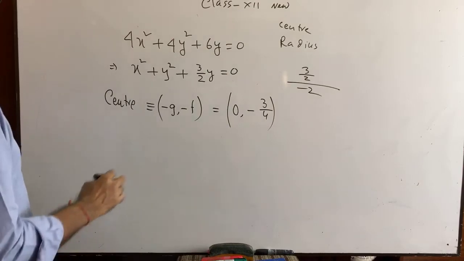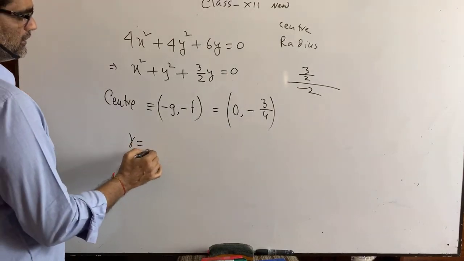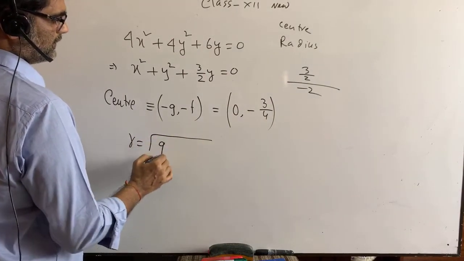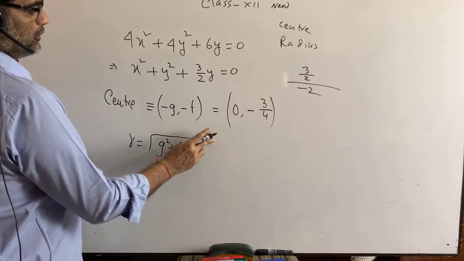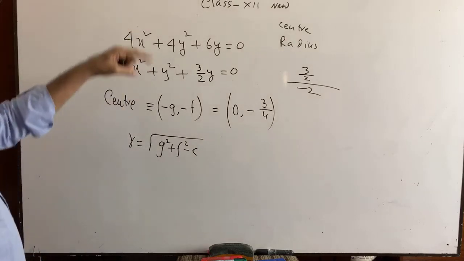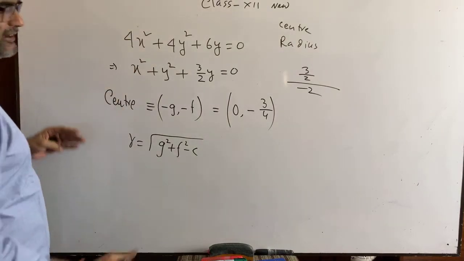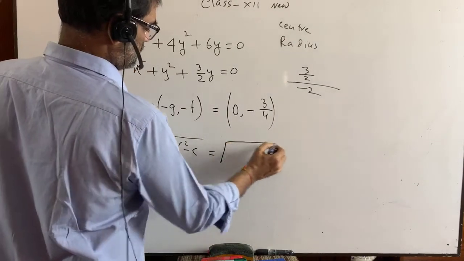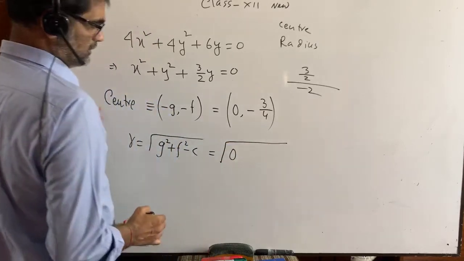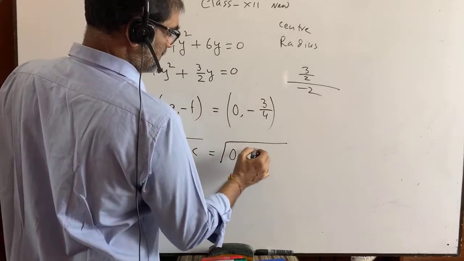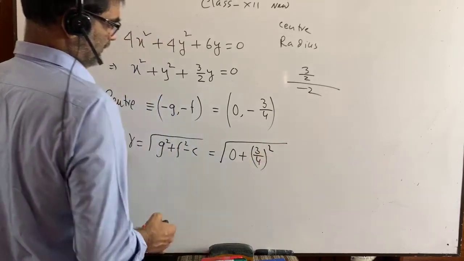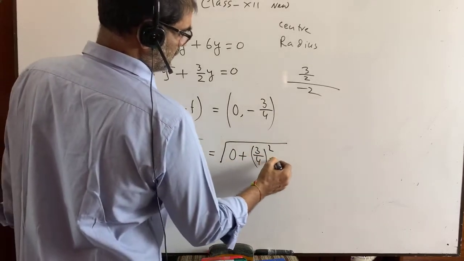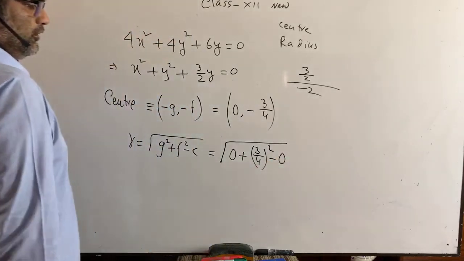Now what is the radius formula? Radius equals root over g square plus f square minus c. And we see there is no constant term here, no c, and g is 0. Very good. We are getting 0 plus 3 by 4 whole square, minus c equals 0.